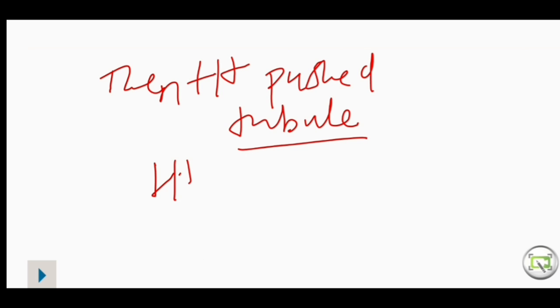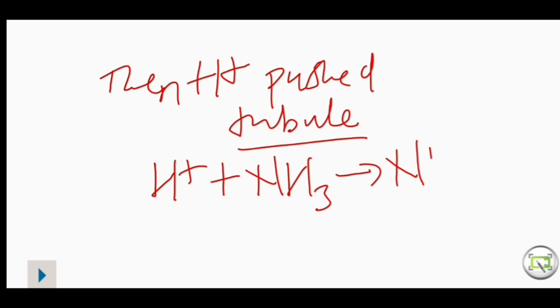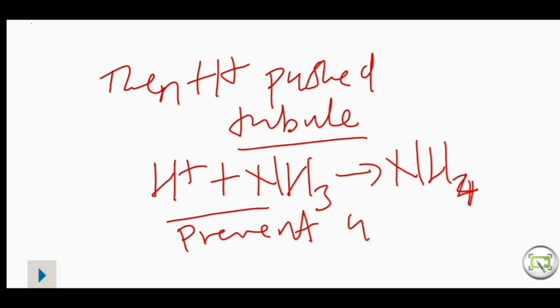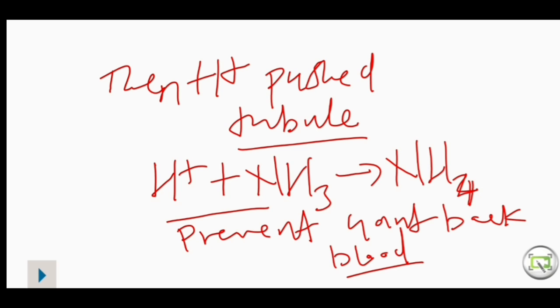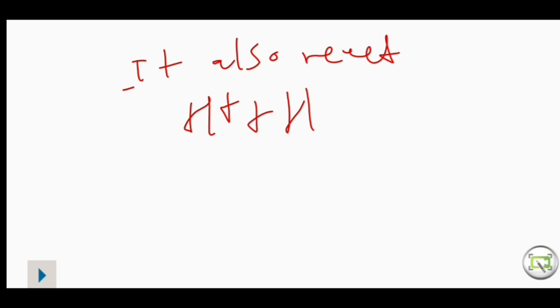In order to prevent this, hydrogen is reacted with ammonia to form ammonium. So ammonium is now excreted through urine. It can also react with phosphates to form dihydrogen phosphate.